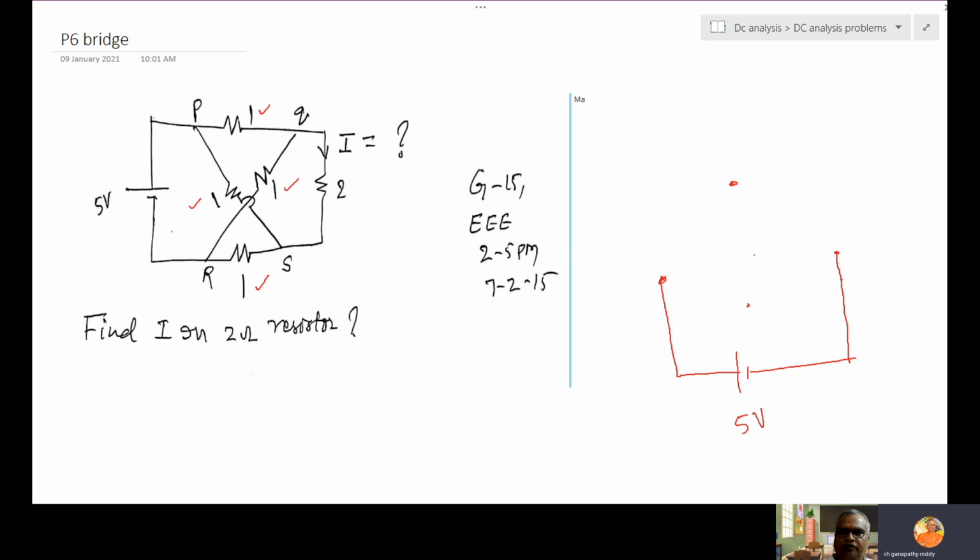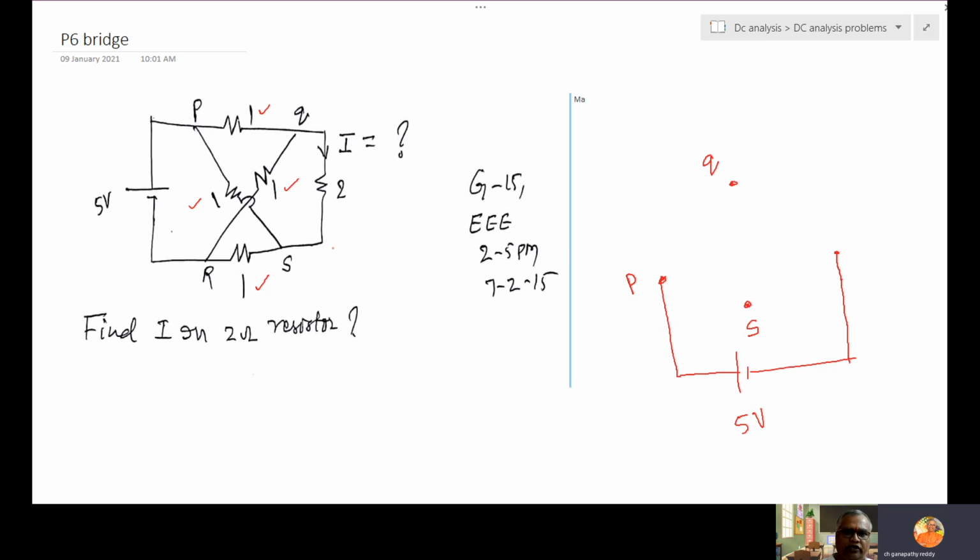So these are the 4 points. So this point is P. And this point is Q. This point is S.